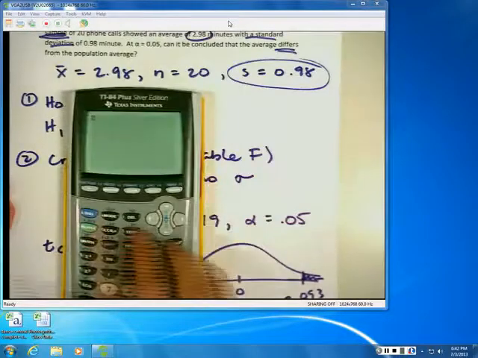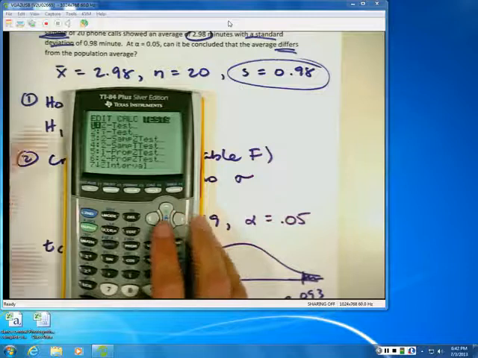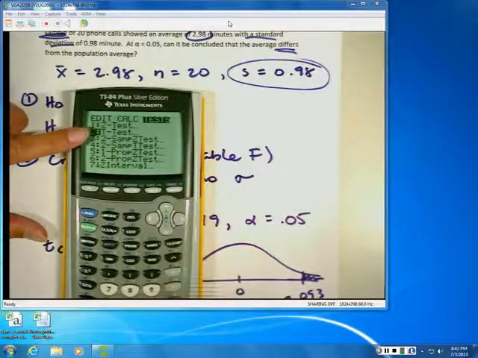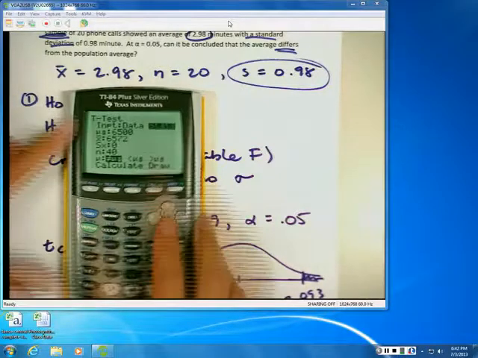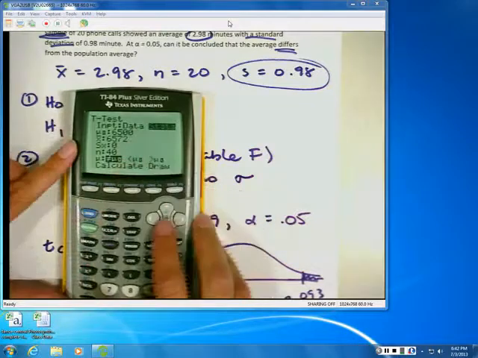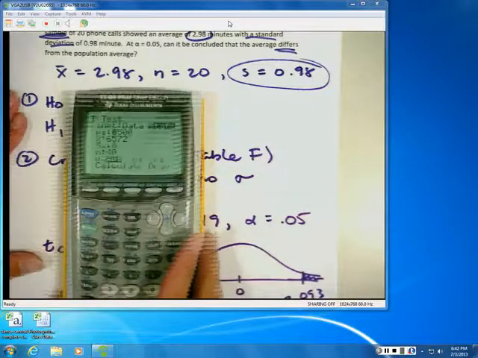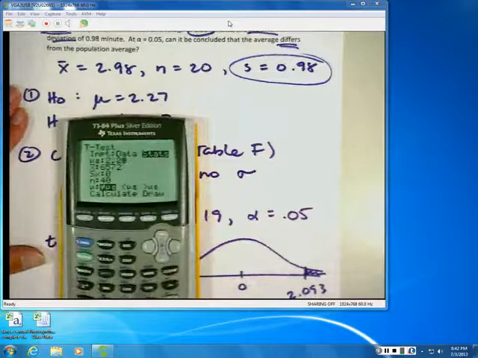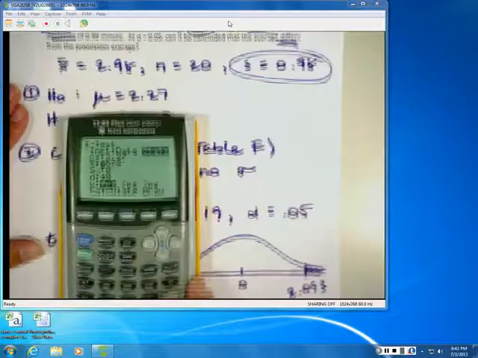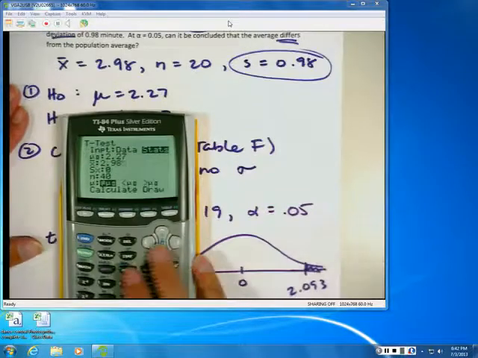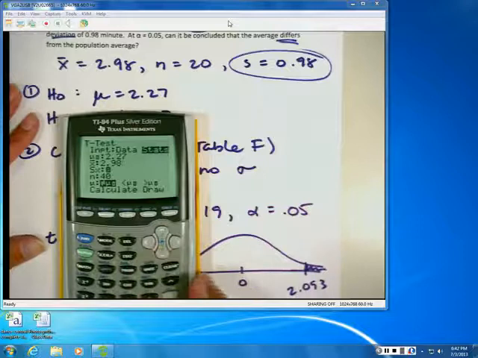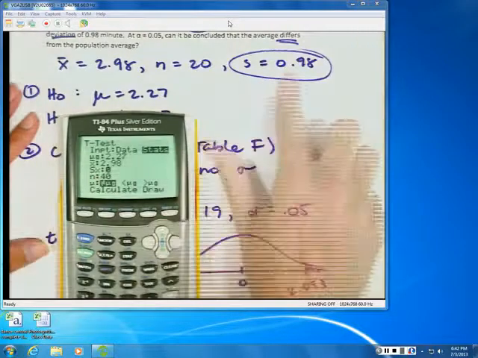So I go to stat, tests. I need a t-test. I do have computed statistics, so they gave me averages. The hypothesized average was 2.27. 2.98 was my sample mean. Sample standard deviation, it gave me S, is 0.98.